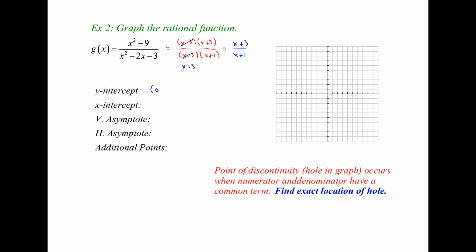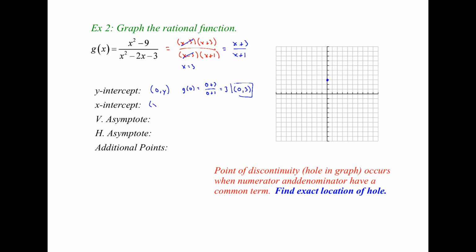What is the y value when x is 0? So plug 0 in. So g of 0 is equal to 0 plus 3 over 0 plus 1, and that would be 3. So the y-intercept is at 0, 3, so we can plot that.